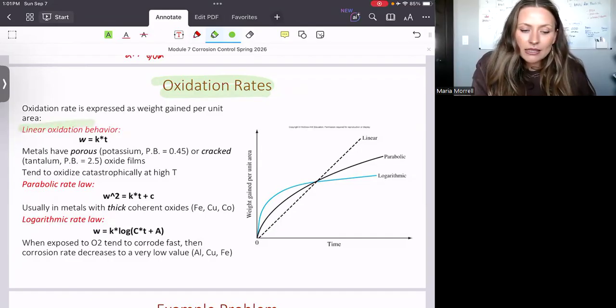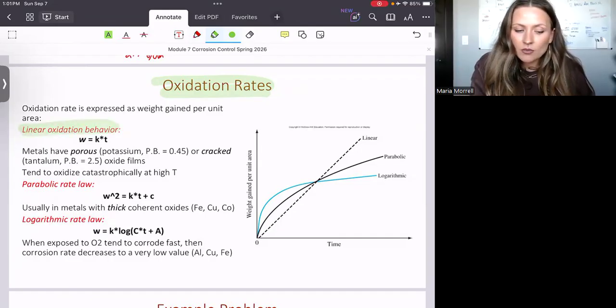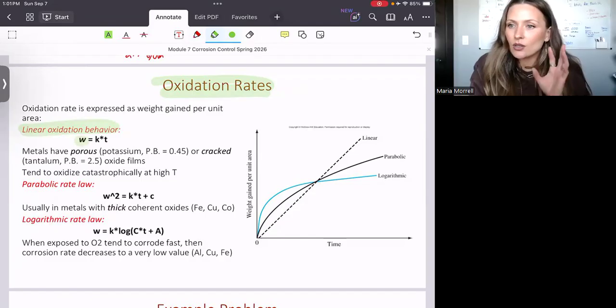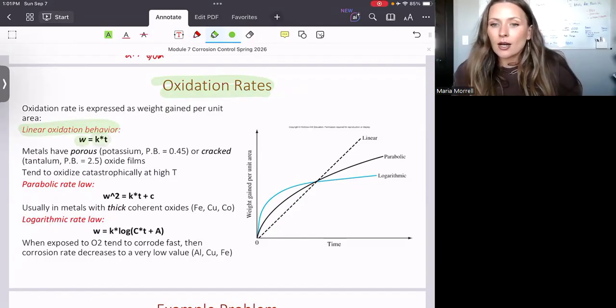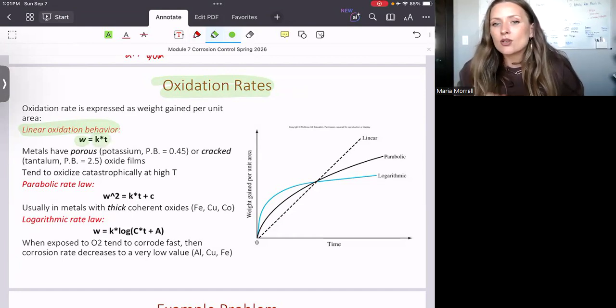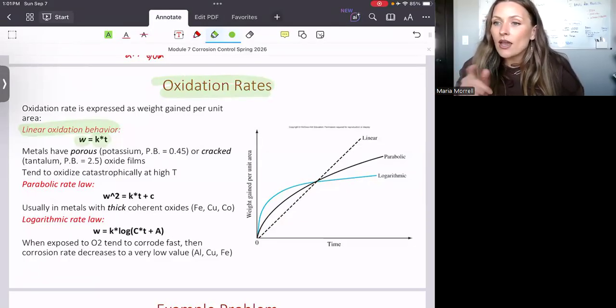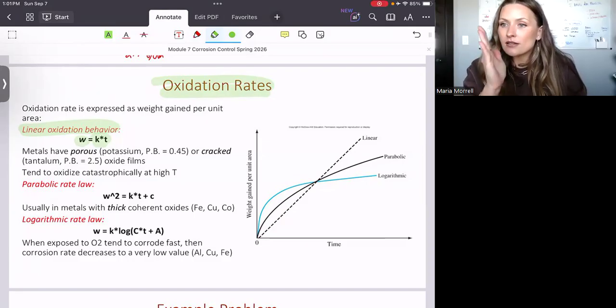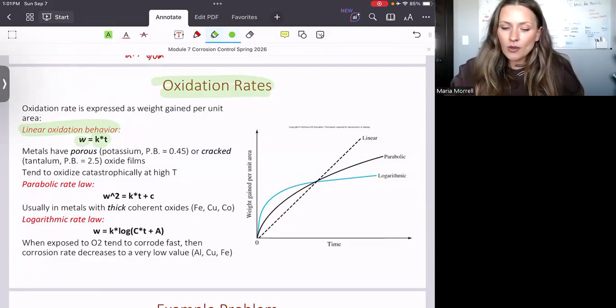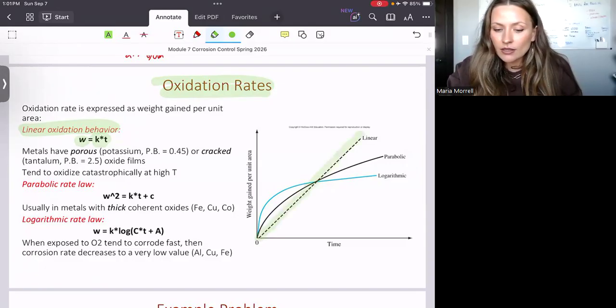So it can be linear oxidation behavior, and that means that the weight gain, which is going to be your W, is equal to KT. Here K is some proportionality constant, right? And T is going to be your time. That K is going to define the slope, how sharp the slope is. But typically, the linear behavior looks something like this.